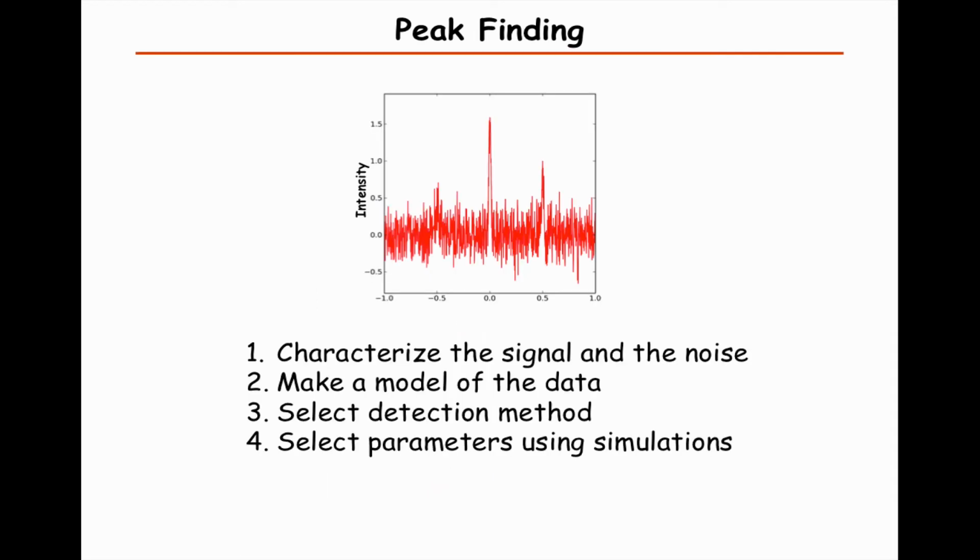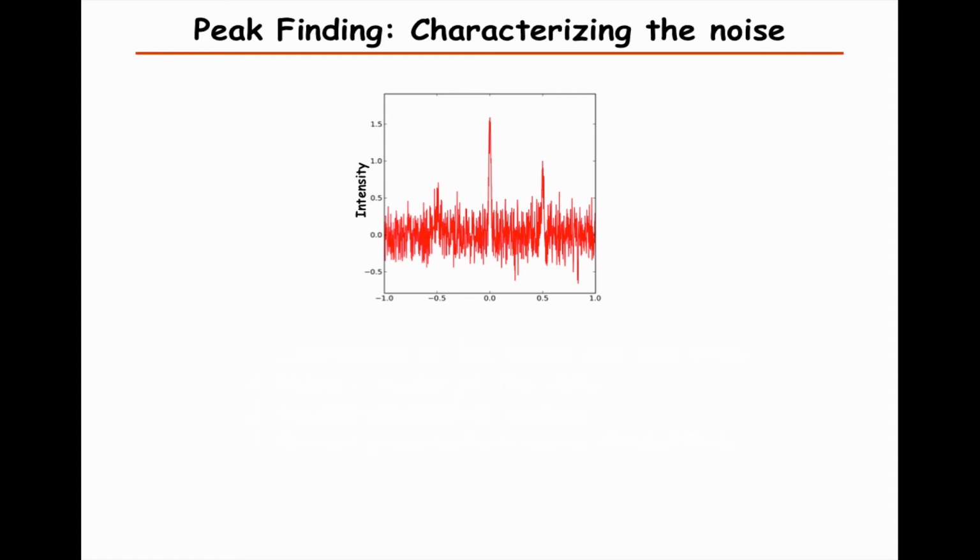But we can again apply our same strategy: we're going to characterize the signal and the noise, make a model of the data, select the detection method, and select parameters using simulations. So first we're going to characterize the noise.